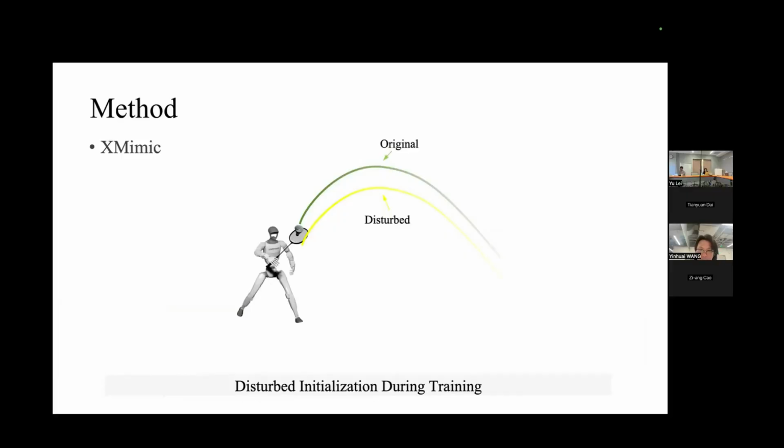So there are some other tricks which are very useful during the training. The first is the disturbed initialization during training. The green line is the original data.